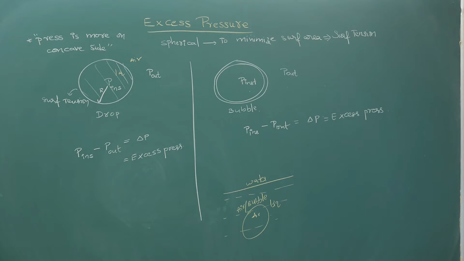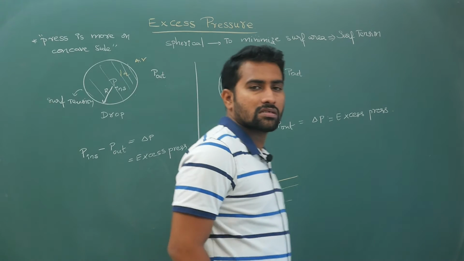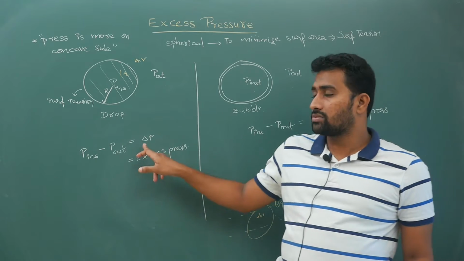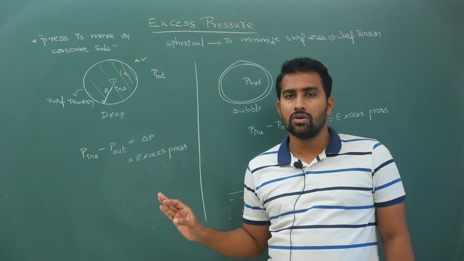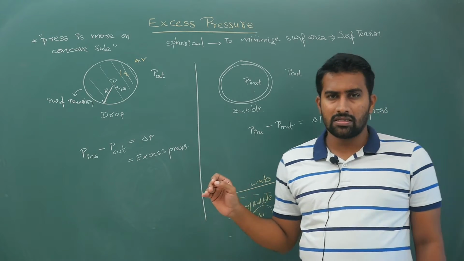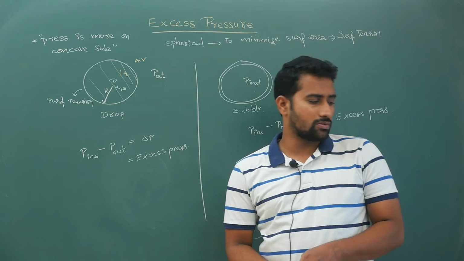An air bubble inside water is indirectly equivalent to a 2-layer surface, even though I am using the word bubble. Now we will calculate the pressure difference in each case. There are multiple methods, but I will explain the easier one. Hope you have understood this.